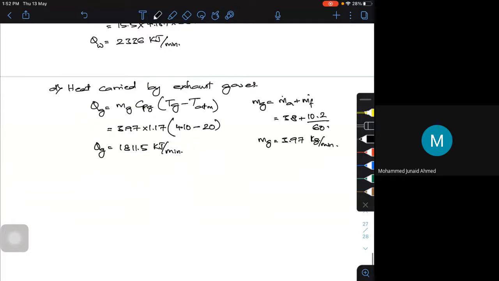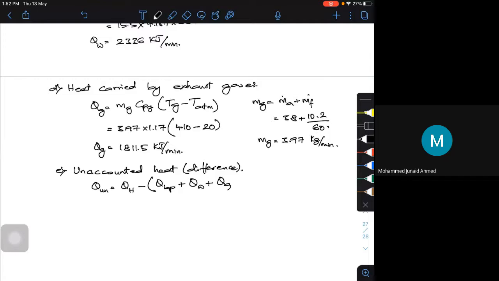Okay, then what is left out actually? Unaccounted heat, the last one. That is by difference. Q unaccounted is equal to heat supplied minus heat due to brake power, heat taken by the water, and heat taken by the exhaust gas.